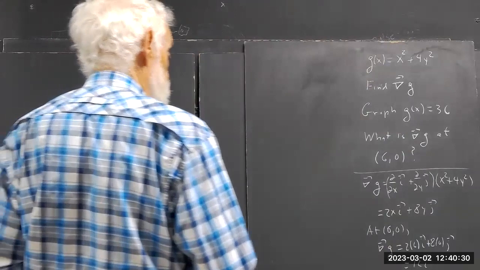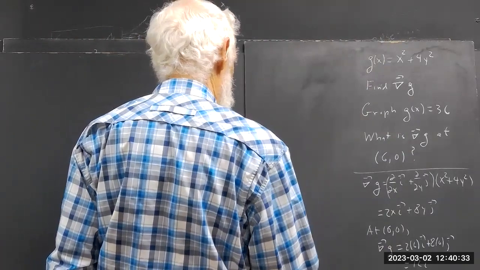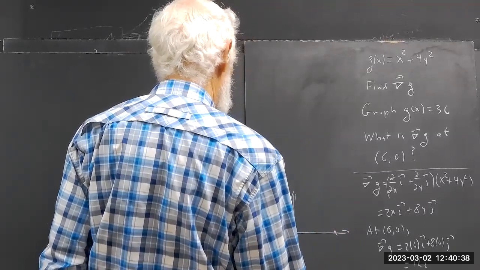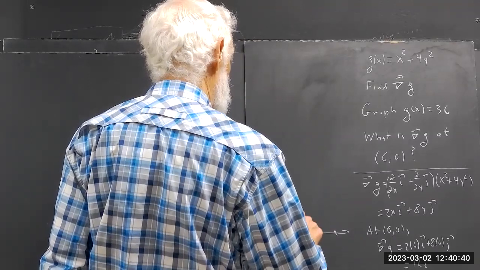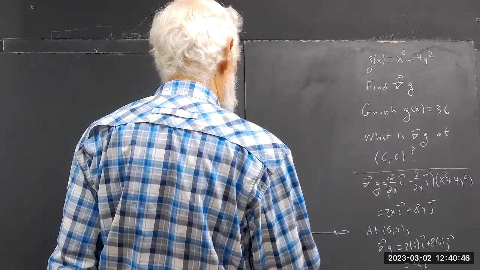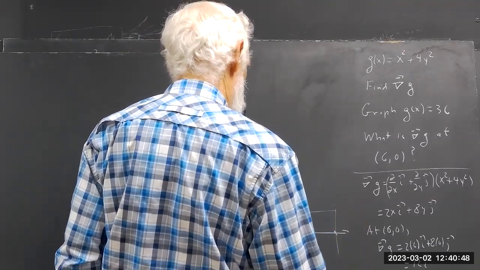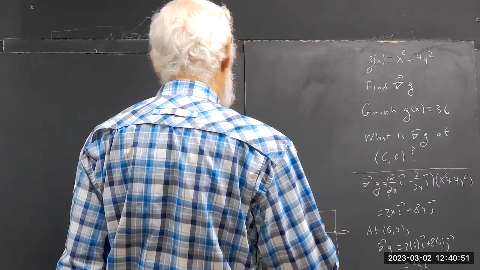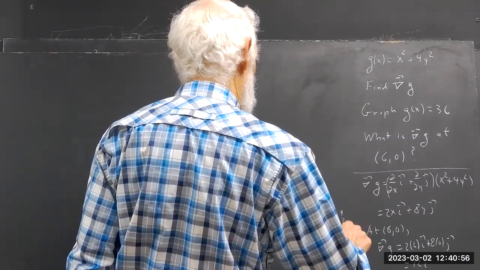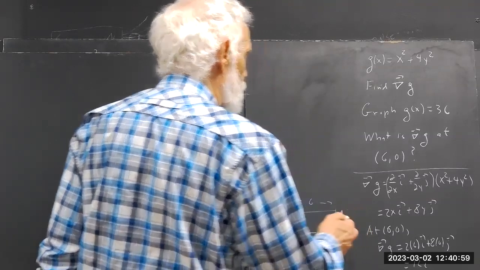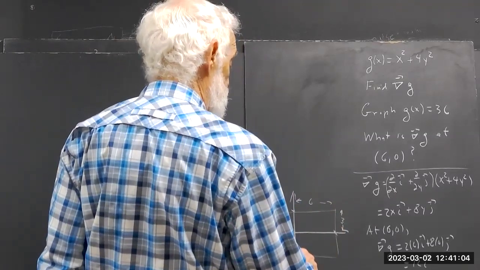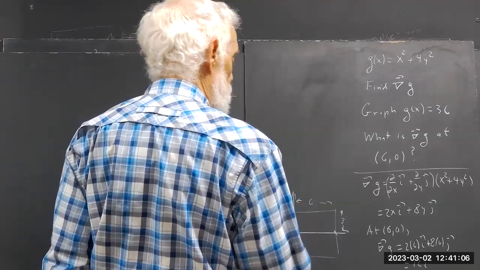Then we graph this thing. Well, the graph fits inside of a twelve by 6 rectangle with vertices at 6, 0, negative 6, 0, 0, negative 3, and 0, 3.